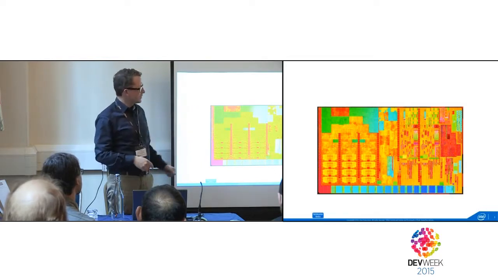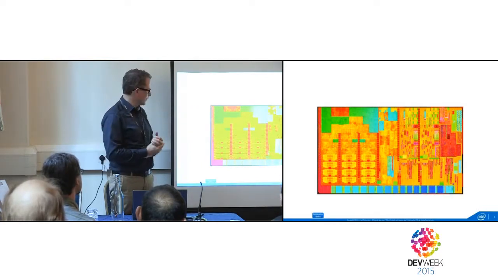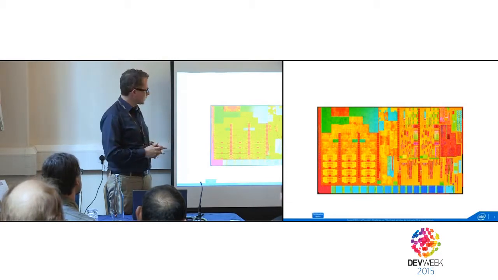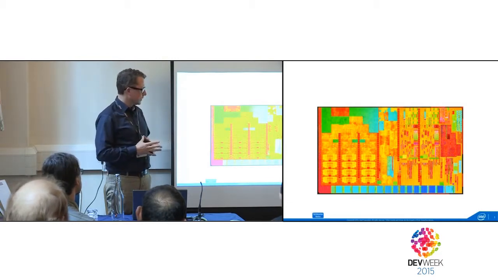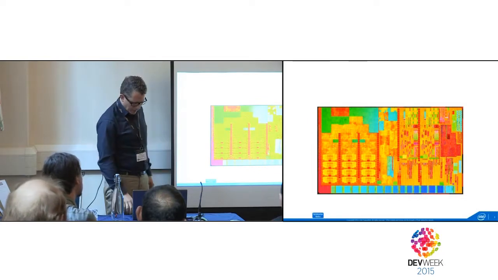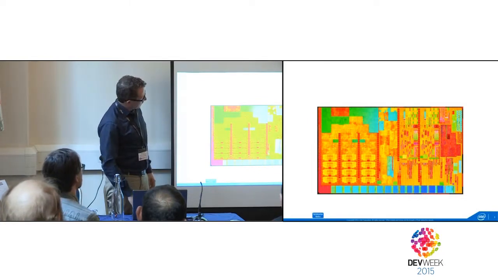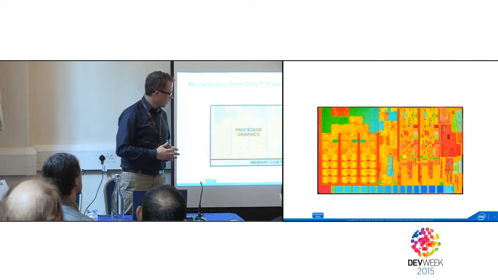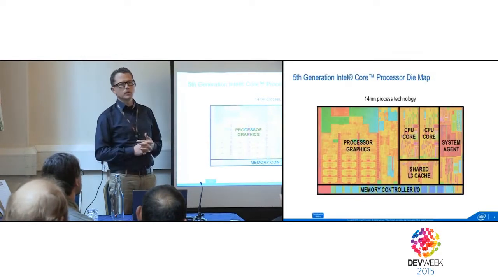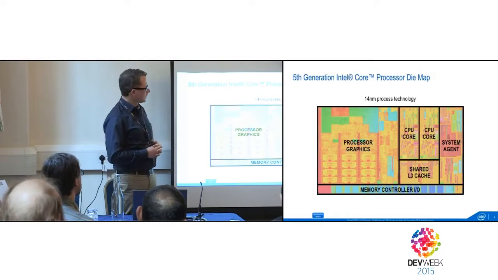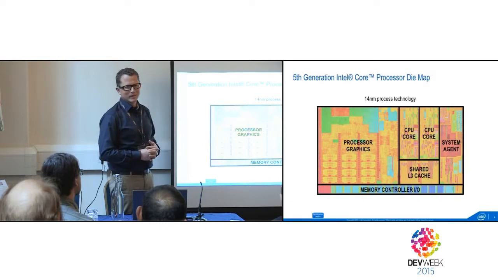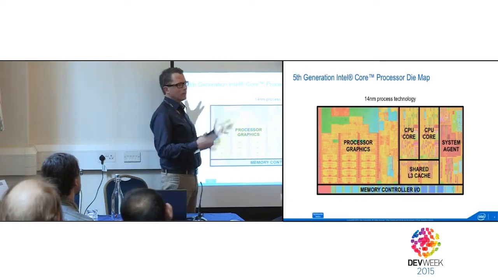So this is a processor, actually the current processor of Intel, the newest processor, 5th generation core architecture, called Broadwell. And if you look at it, this is a starting point. It's not only a processor anymore. So most of the developers think the Intel processor is a processor, but it's not only a processor anymore.